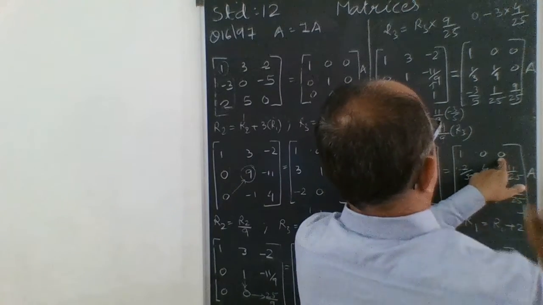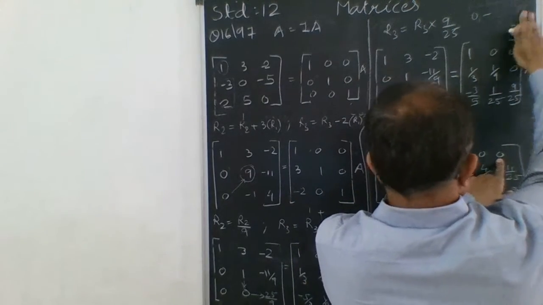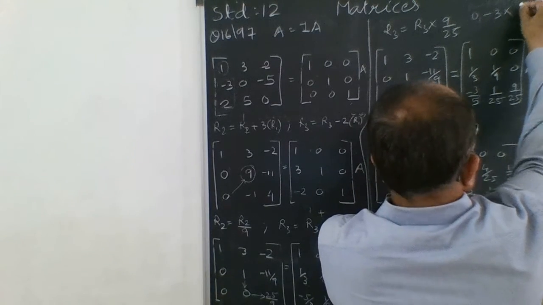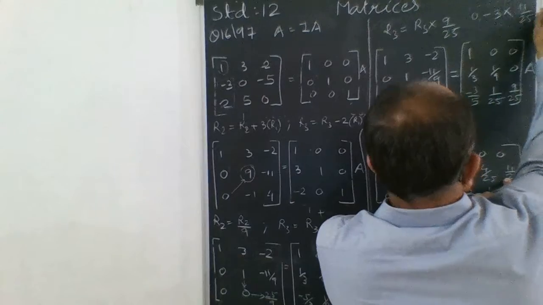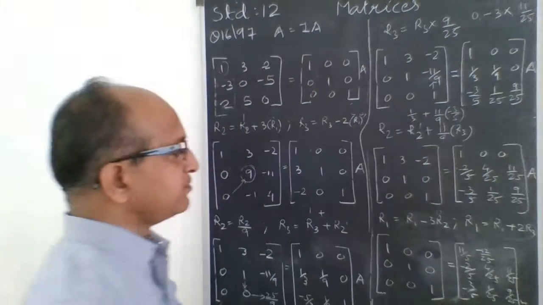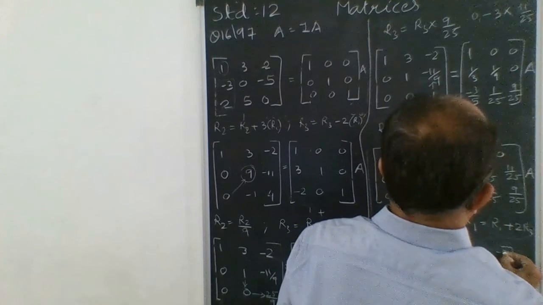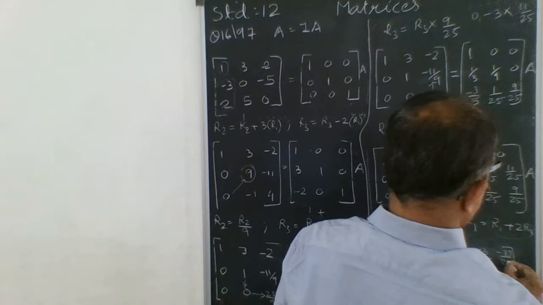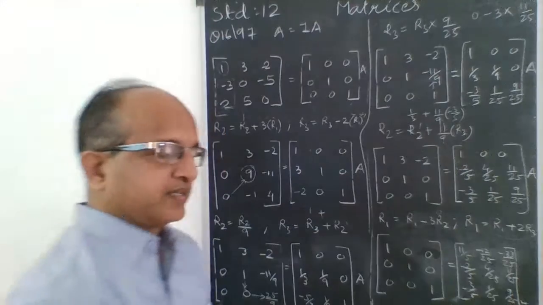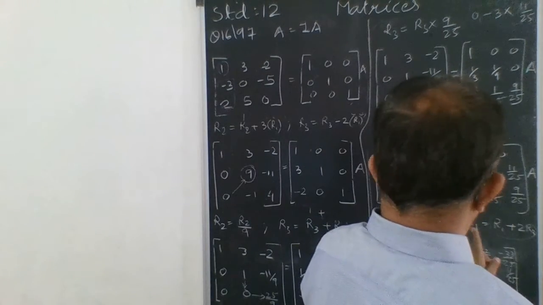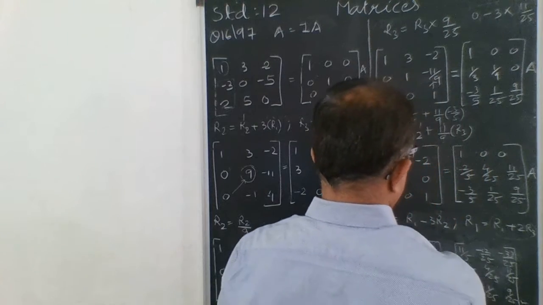Now this is 0. 0 minus 3 into R2, that is 11 upon 25. So here it is minus 43 upon 25, right? Now here this part is done.